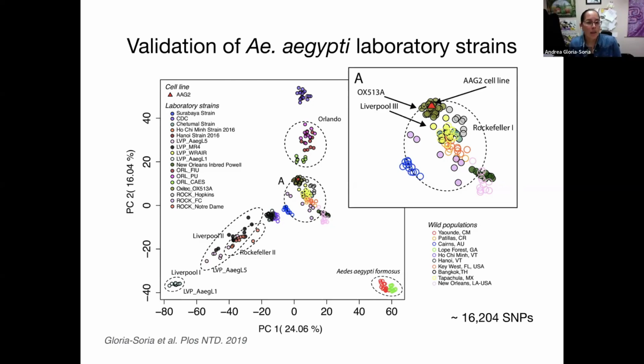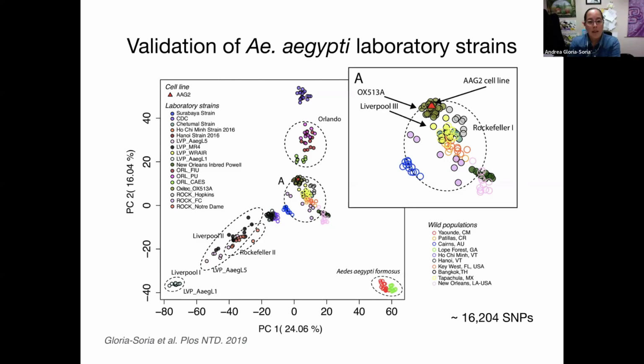And what I want to highlight here, and again, I don't have my pointer, is that we genotyped several colonies from different labs for the Rockefeller and the Liverpool strains, which are laboratory strains that are frequently used for studies of vector competence or to understand the specific physiology or behaviors of the Aedes aegypti mosquitoes.